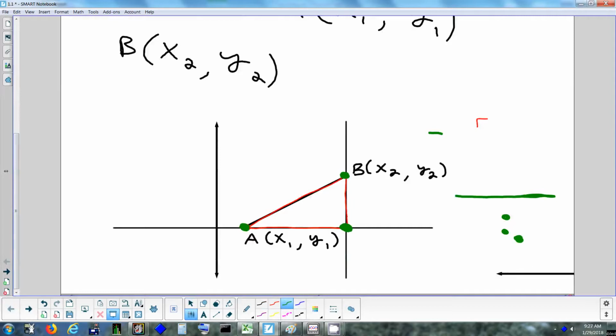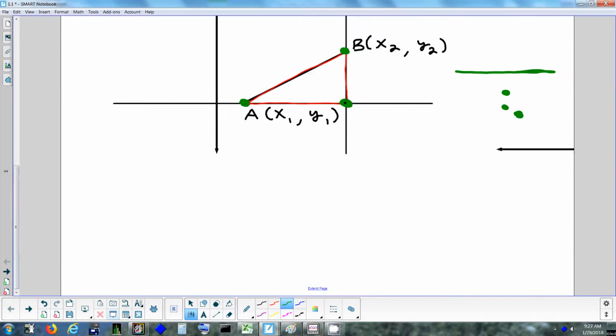What's the x value of that point? Yep. X2. Right, it's x2 because it's lined up exactly with the point above it, and I know the x value of the point above it, x2. So the length of the bottom side is x2 minus x1. Okay, let's write that down. So x2 minus x1.